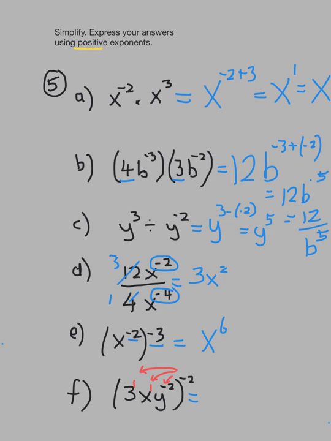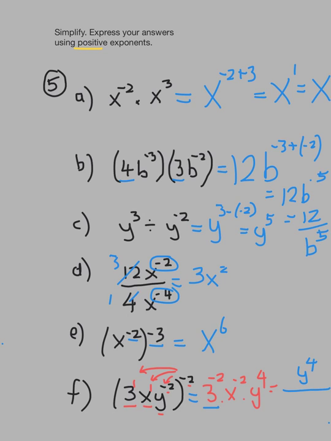So you take the 3 here, multiply the power. 1 times negative 2 is negative 2, so 3 to the negative 2. Take the x, 1 times negative 2 is negative 2. Now take the y, negative 2 times negative 2 is 4. So your final answer is going to be y to the 4 on top.